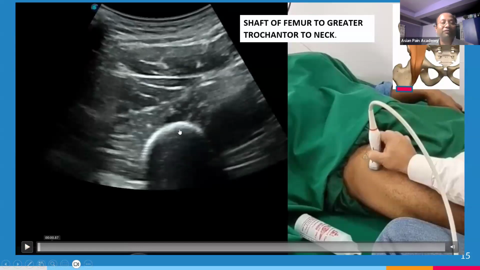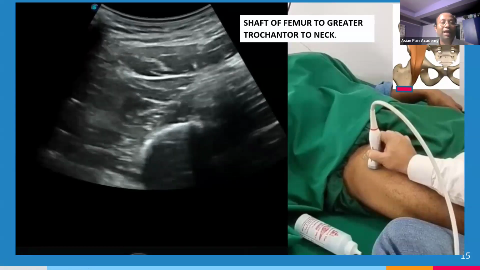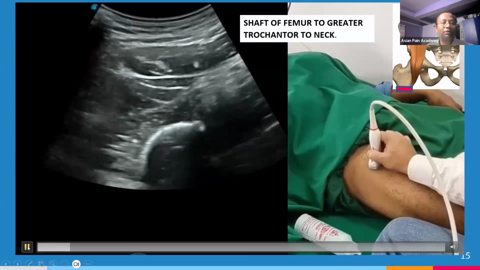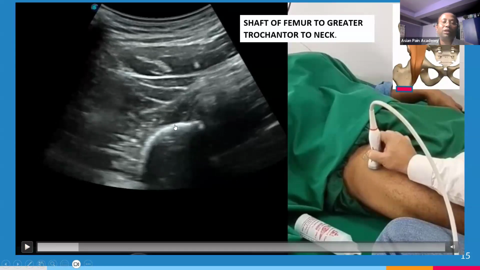So this is the shaft of the femur. Okay, so just see. As this part, you can see one part is becoming a bit straight. Why is it becoming a bit straight? Because you are on the lesser trochanter. Okay, lesser trochanter area, this area is becoming a bit straight.